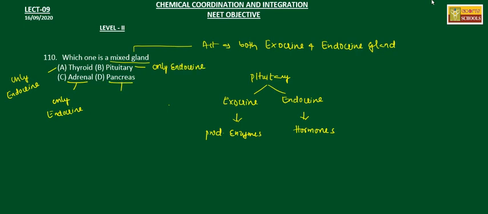Whereas the pancreas is both exocrine and endocrine gland. Such a gland is called mixed gland. So the right option is D, pancreas.